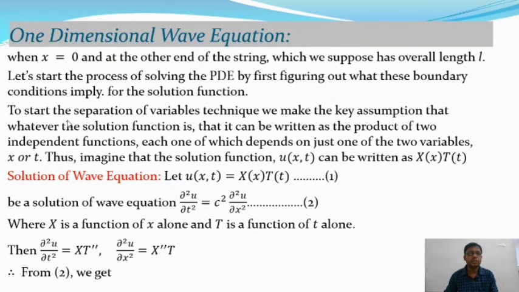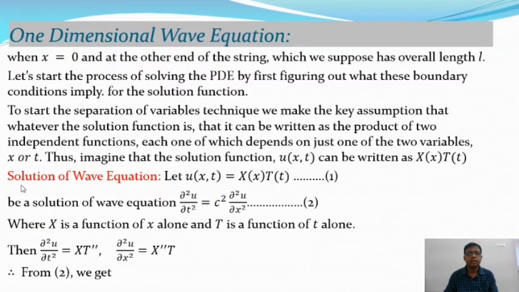To start the separation of variables technique, we make the key assumption that whatever the solution function is, we can write it as a product of two independent functions. If u is a function of x and t, then X is a function of x as well as T is a function of t, so each one depends on just one of the two variables x or t.